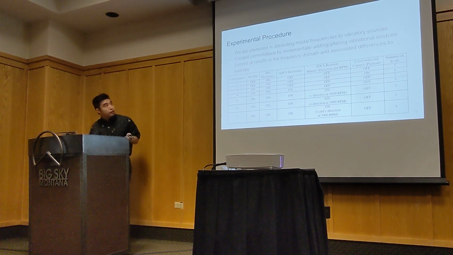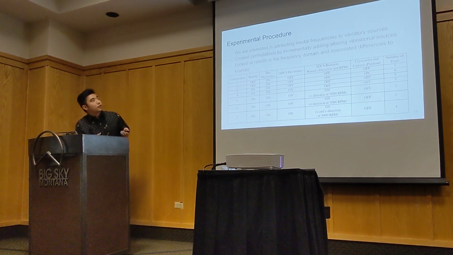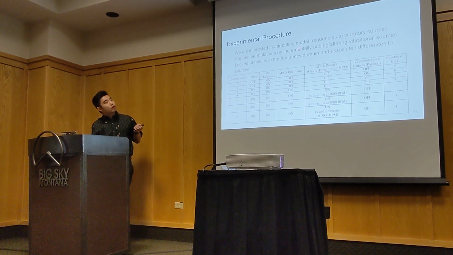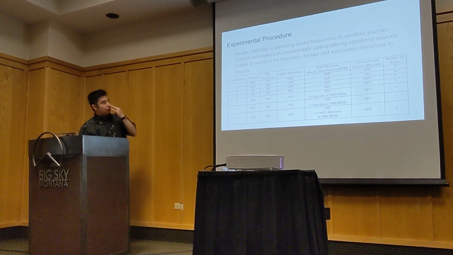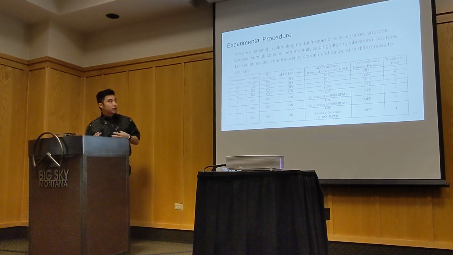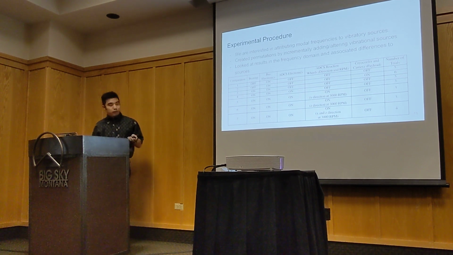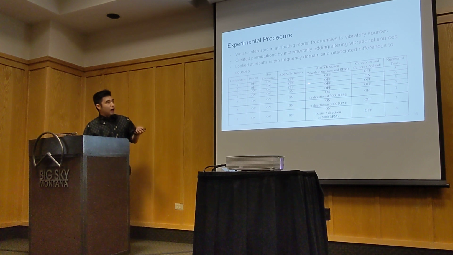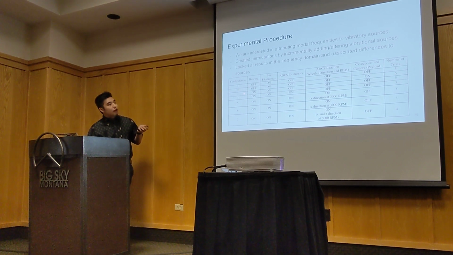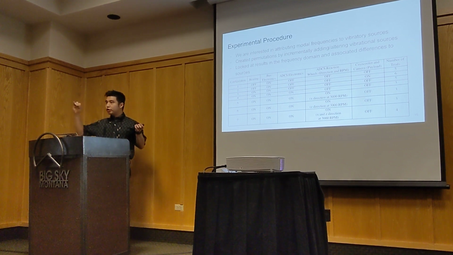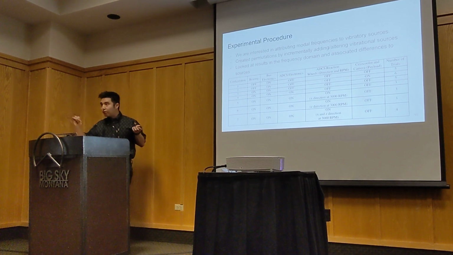Procedurally, we're also interested in attributing modal frequencies to vibrating sources. So what we did was create permutations by incrementally adding or altering vibrating sources, then looked at the results in the frequency domain, and then associated the difference to sources. This table runs through all the configurations that we tested, and the idea is that as you work down the table, you are only changing or altering one vibratory source at a time.